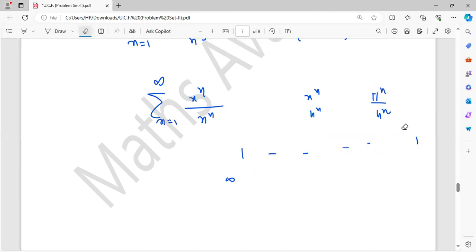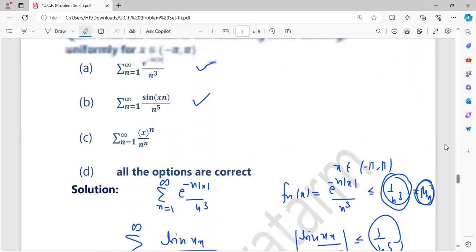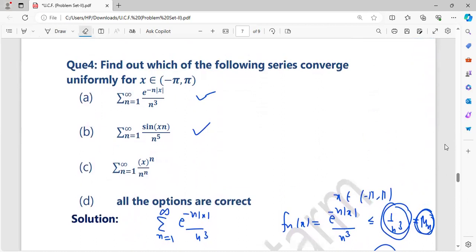I have made a typo. There is a typo in this question. This is not 1 to the power n. This is minus 1 to the power n.